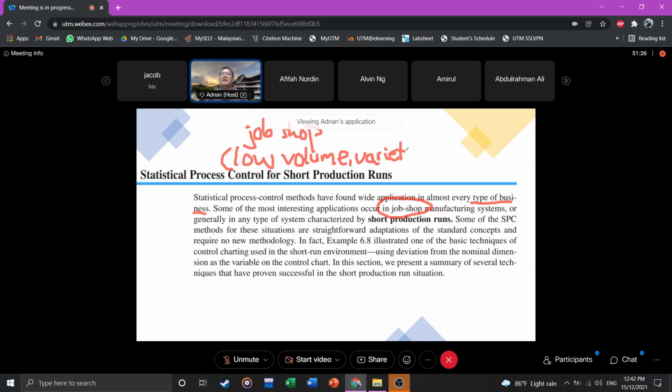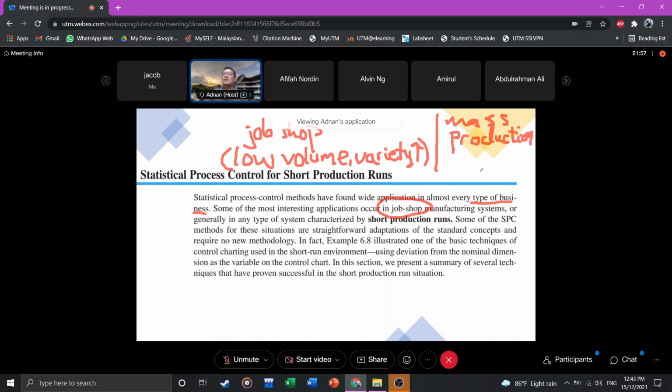But the typical control chart was invented for the purpose of mass production, where you have a similar model and produce it in high quantity, high volume production.